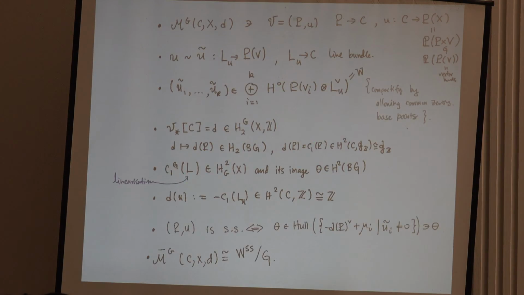And then, again, this is unfortunately a tiny bit of a problem. This L corresponds to the map u that you have. So this is a line, and that's why I denoted it L_u in here. This L is the linearization that I chose in X. So unfortunately there are lots of L's that appear here, but this one is the linearization. It has an equivariant first Chern class that is in H^2_G of X, which is this projective space.